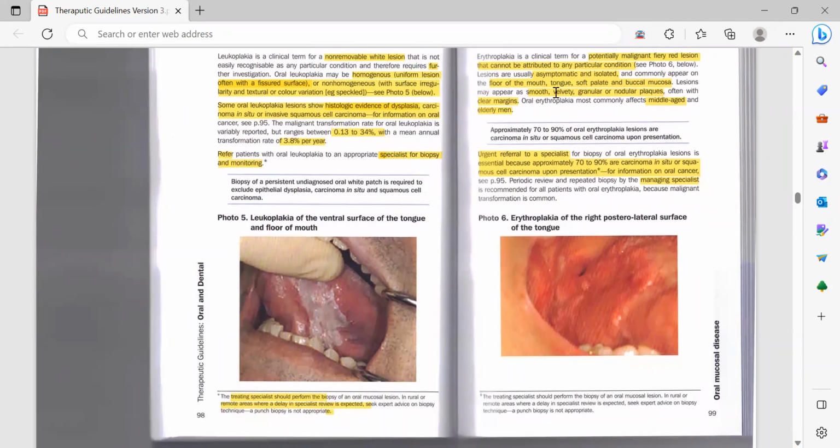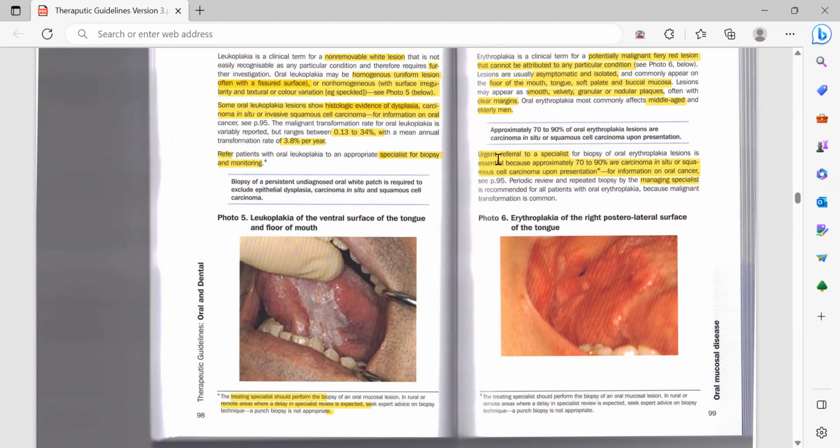Lesions may appear as smooth, velvety, granular, or nodular plaques, often with a clear margin. Oral erythroplakia most commonly affects middle-aged and elderly women, but its transformation rate is very high, 70 to 90%. So here you need to do an urgent specialist referral.